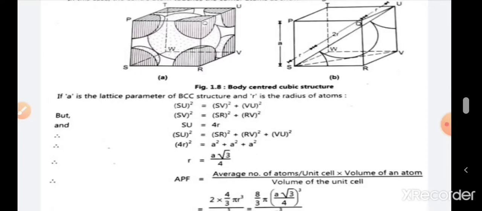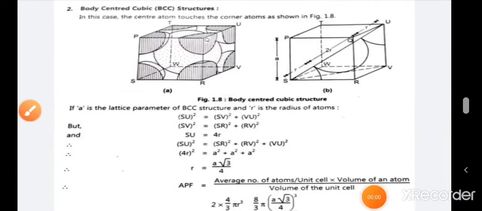Now check the value of SR. SR is the side of the cube which is denoted by a. RV and UV are other sides of the cube which are also denoted by a. Now we will replace these sides by a. That's why SU, which is the diagonal, is replaced by 4r, that is r plus 2r plus r, whereas SR, RV and UV are replaced by a.